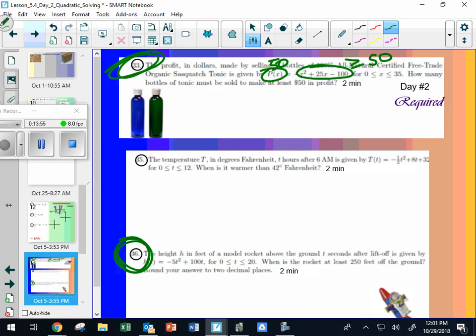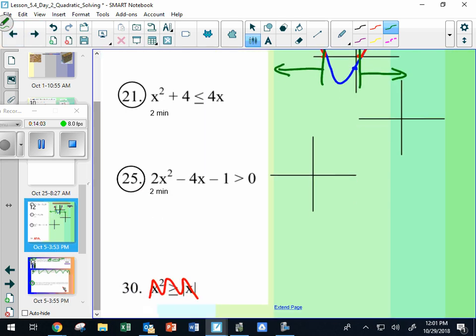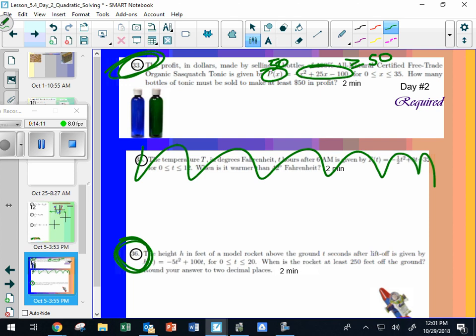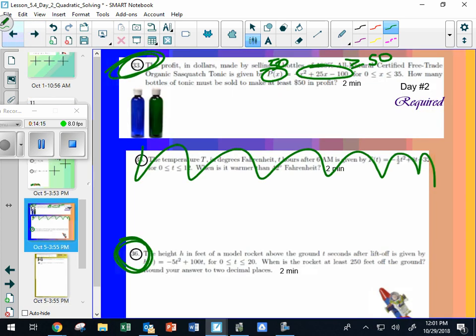You're going to skip the middle one on the second page, so the top one and the bottom one. And I'm wrong on the first page, my bad. On the bottom of the first page, there's a problem you skipped. The very bottom problem on the first page that you can't even see on my smartboard, but you'd probably see it. You skip the middle one on this page, and then that's it. You don't do any after that. Just the first two pages.